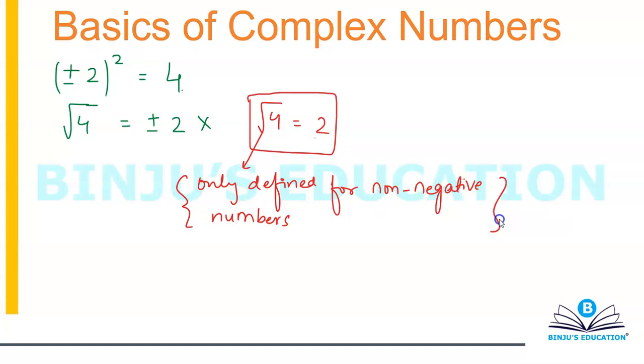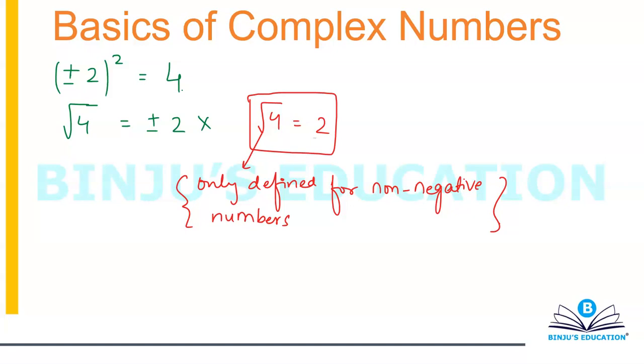This is how this function is defined in maths. You cannot input a negative number inside the root because you will not get an output. If you need an output from the under root, you need to input only non-negative numbers. So remember that root of 4 is only equal to 2. It's not equal to plus minus 2.